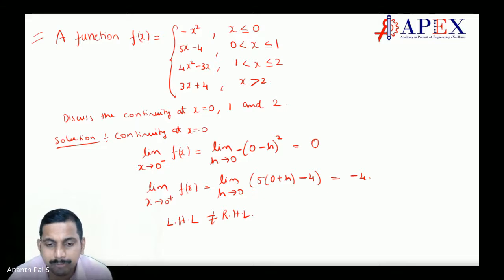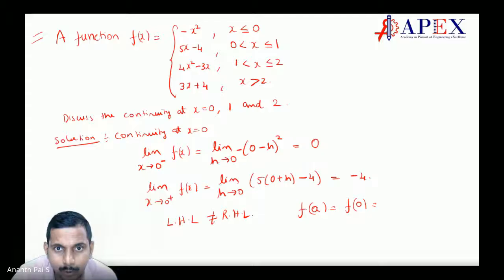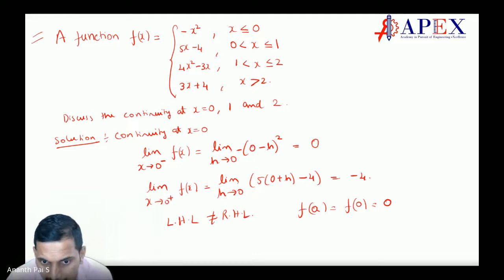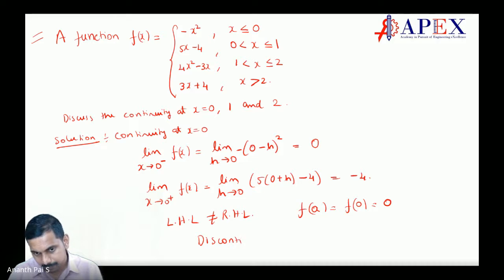And what is f of 0? F of a is f of 0, which is 0. So although the left hand limit is equal to the function, the right hand limit is not. There is a jump, so it is discontinuous at x is equal to 0. Makes sense, students?